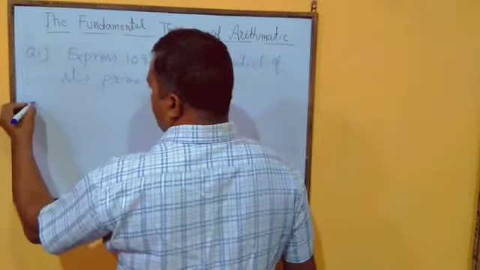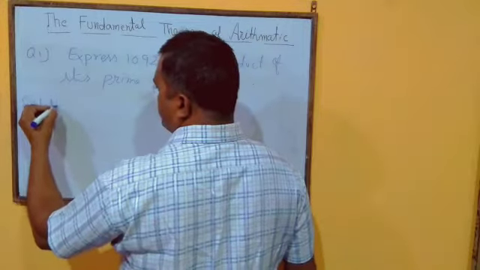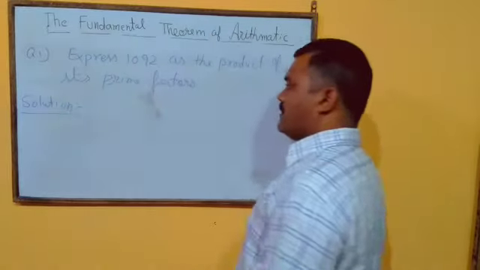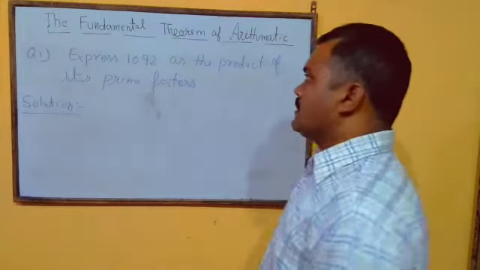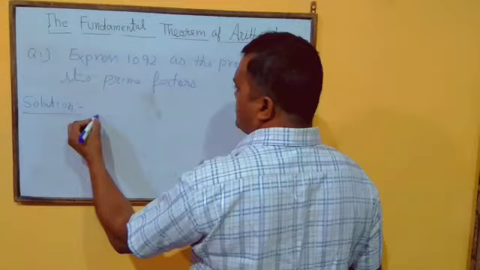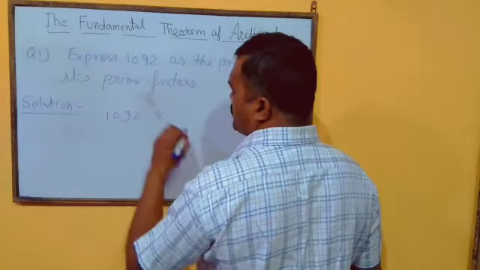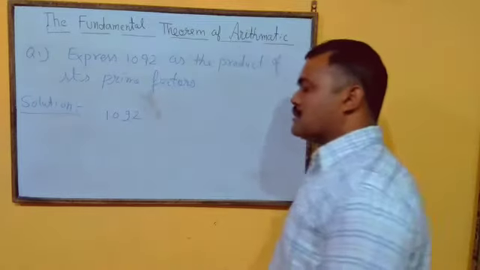Solution of this question. See children, what we are going to do here. So our number is 1092.